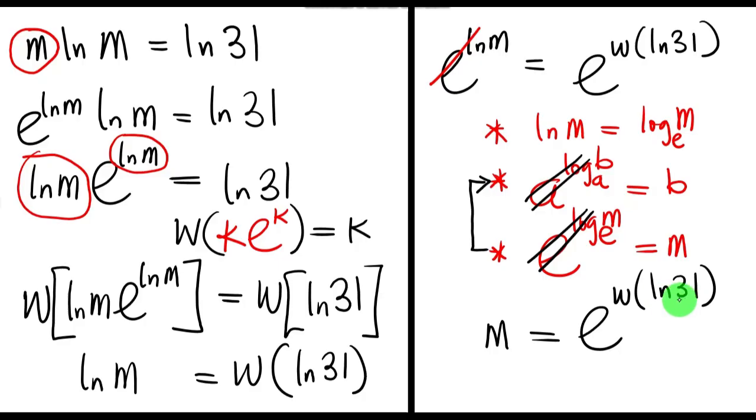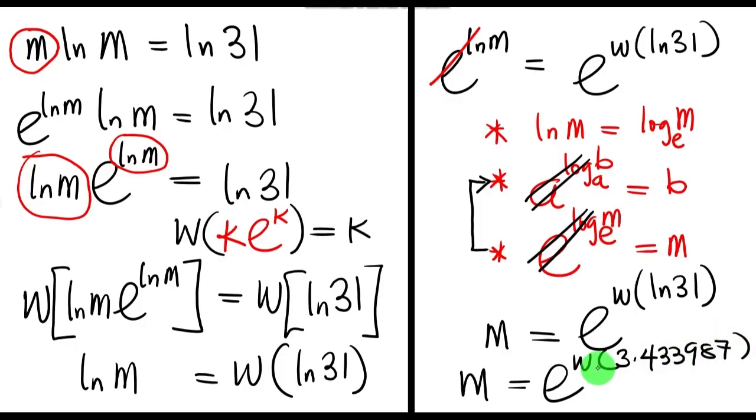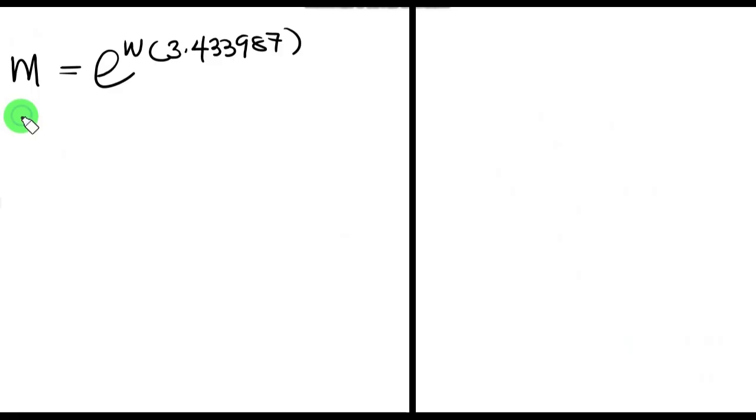By checking the calculator to find what ln 31 is, we have m equals exponential of W function of 3.433987. Also, by calculator, if we find the W function of this value 3.433987, we're going to have m equals exponential of 1.120208.